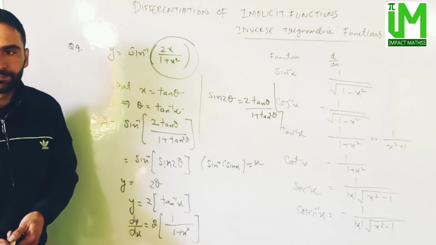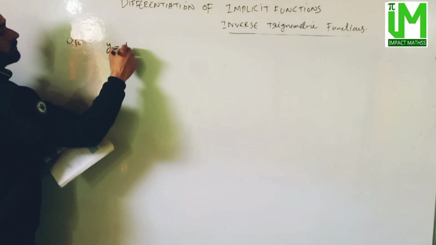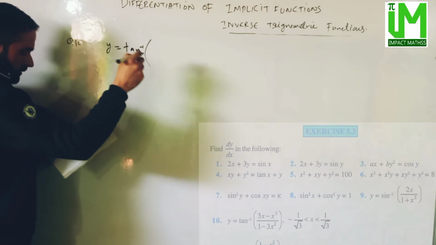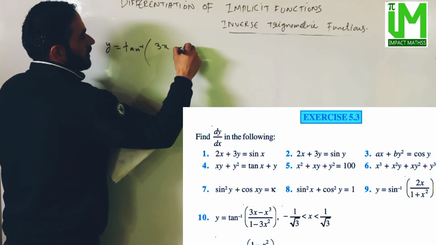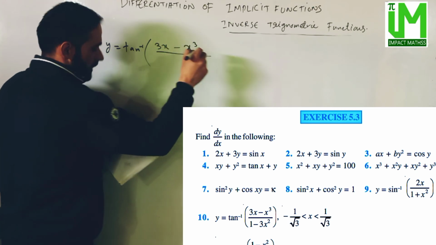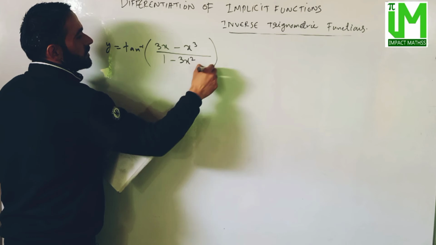Quickly write. Question number 10 is y is equal to tan inverse of 3x minus x cube divided by 1 minus 3x square.